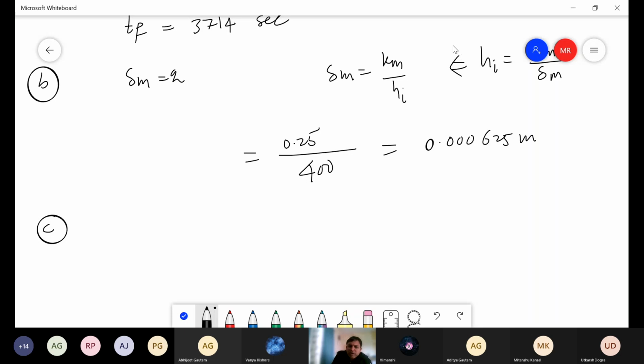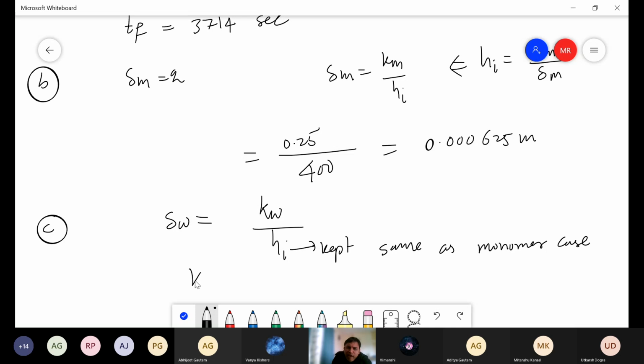I want to calculate the thickness of the film if the monomer is replaced by water, that is delta W. Delta W is defined as KW divided by HI. HI is kept the same as in the monomer case.